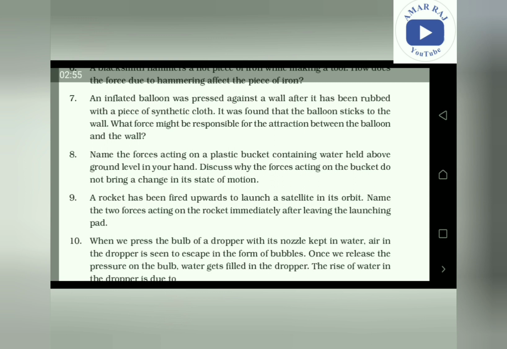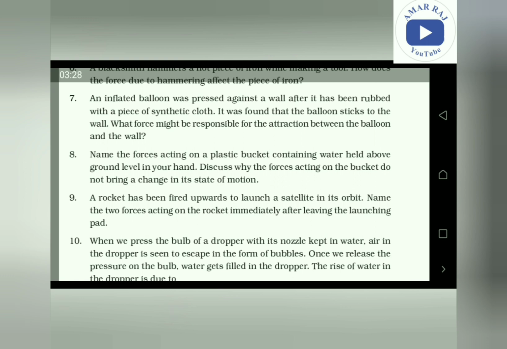Here, first is gravitational pull acting downward by the earth, and the second force is muscular force applied by you, that is the person who held the bucket above the ground. So first is gravitational force and second force is muscular force by the person holding the bucket.